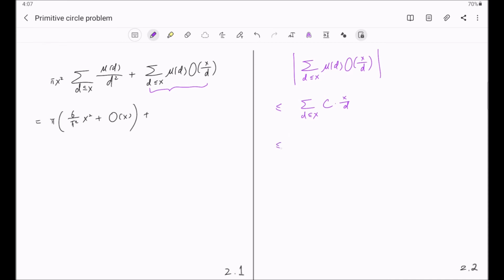So this will just be c times the summation of x over d, and you can even pull this x outside and just look at the summation of reciprocals of d. And this part has another asymptotic formula in Apostol's book, or you can find this in many books on calculus or real analysis.